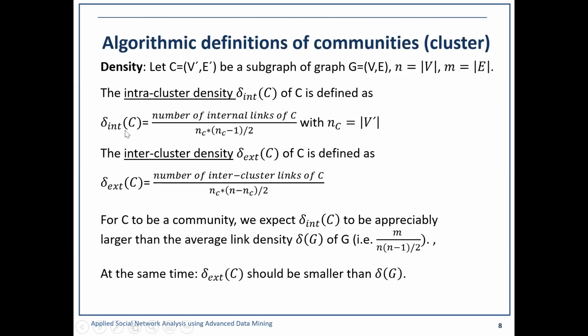What do we have here? We have a graph. We start with a graph, number of nodes and links. Okay, and we have a subgraph. And for this subgraph C, we define this notion. Okay, and we have a quotient in the nominator. We have the number of internal links of C. And in the denominator, we have this number.